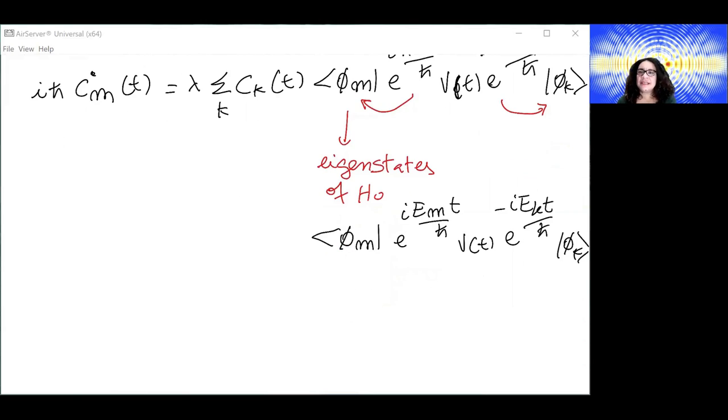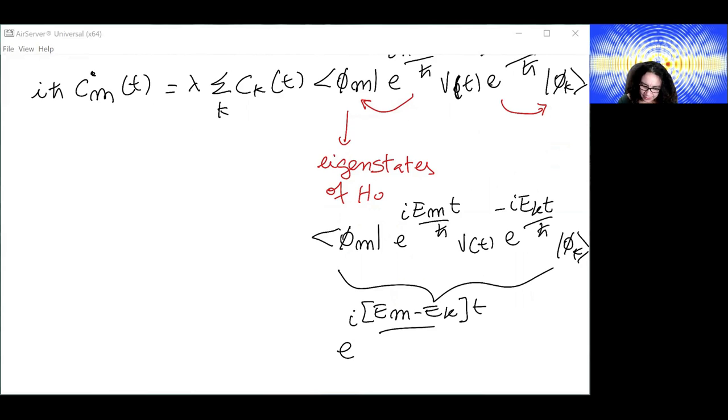Pull this out. These are just numbers now. These are just phases. So this means that we can write this part as e^{i(E_m - E_k)t/h-bar} phi_m V(t) phi_k.